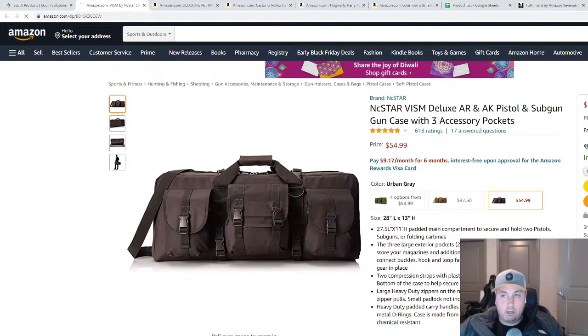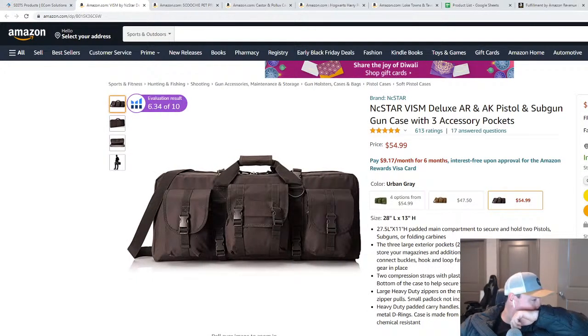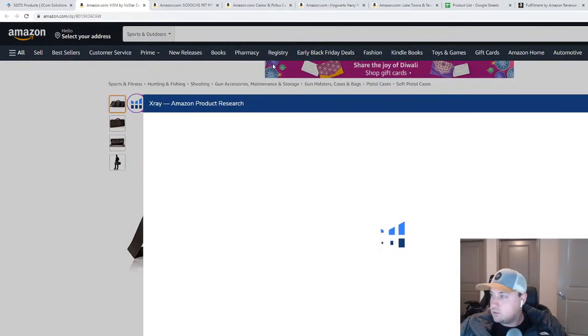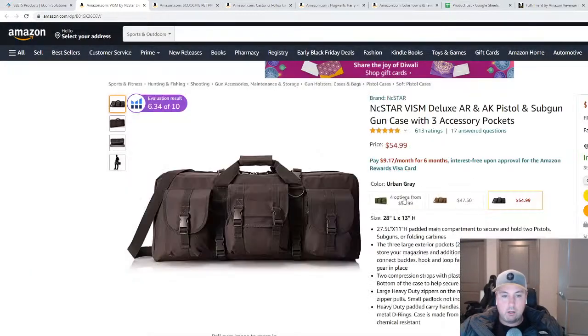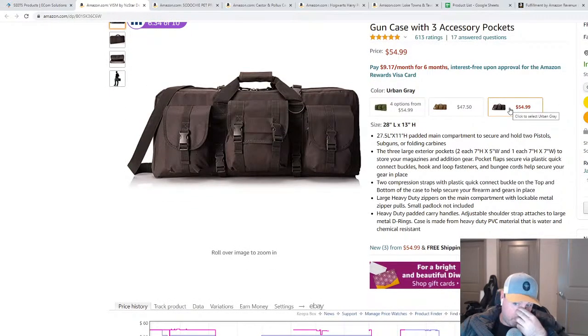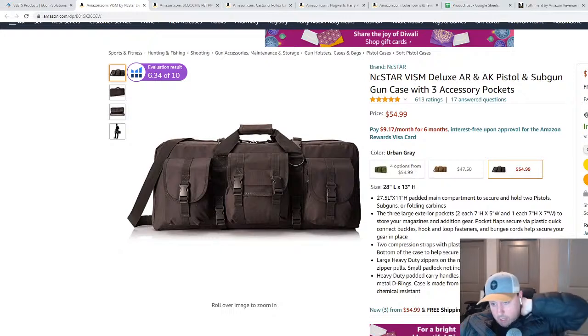Kind of curious what the 100,000s ranking is for sports, like how many sales it gets. 48. Not bad. This particular bag, there's a buy box.